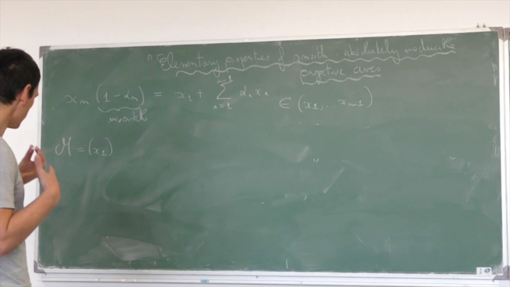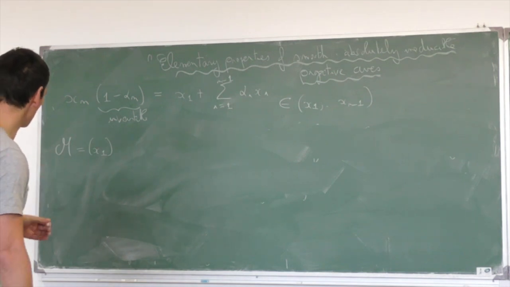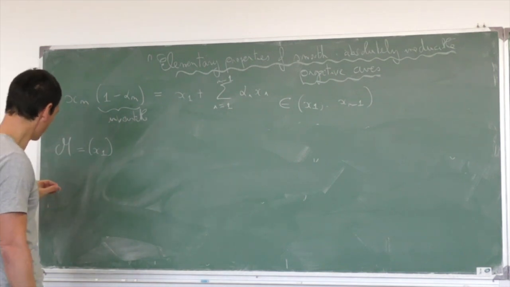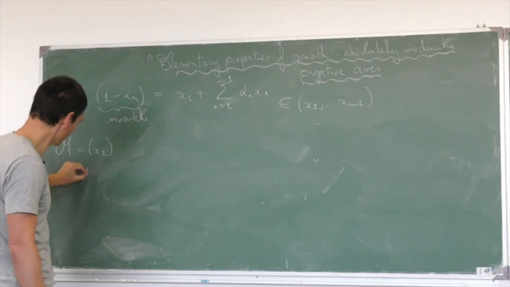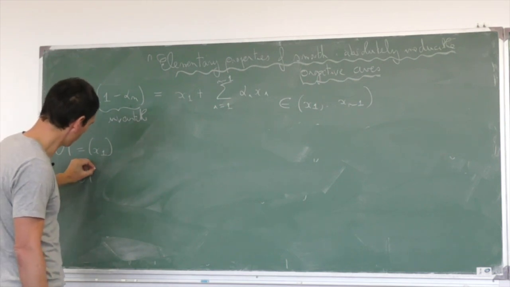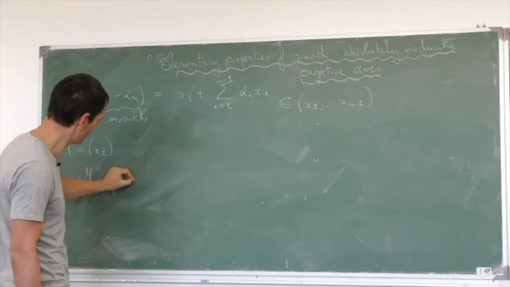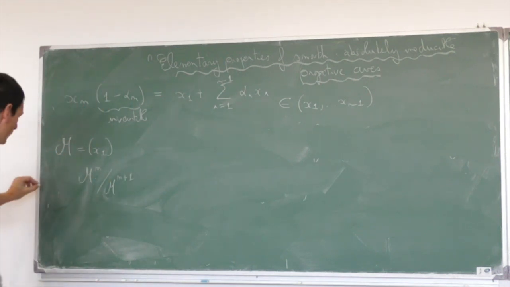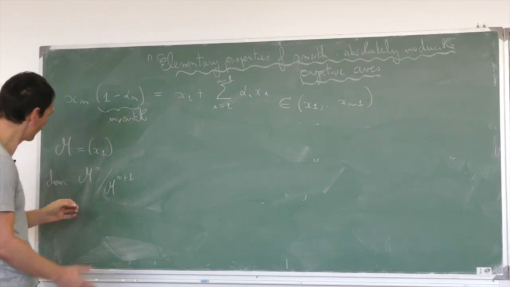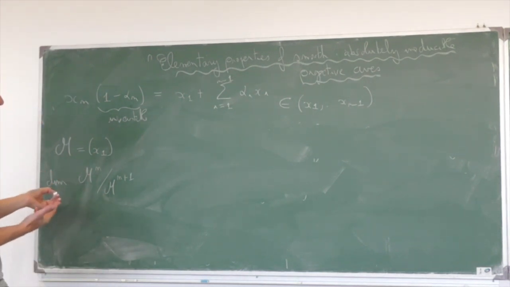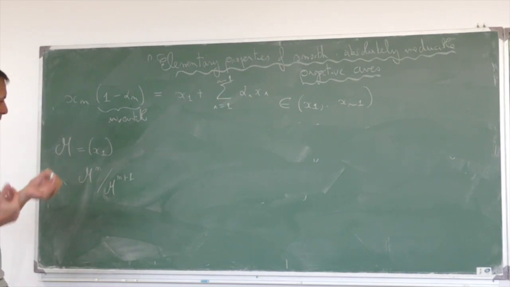Okay. So now we go on a bit. From this, the first thing that you can look at is the quotient of powers of M, M^n over M^(n+1). And you can look at the dimension, again, of this, just writing that M is x1 plus M squared.